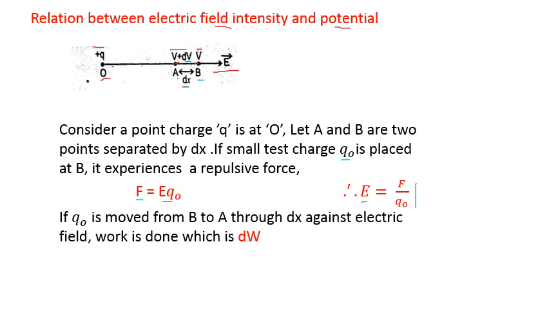This is the basic definition. By cross multiplication, we wrote here F is equal to E into Q0. Now when this charge is moved through this much distance dx against the direction of electric intensity, some work is done, and this work is dW.